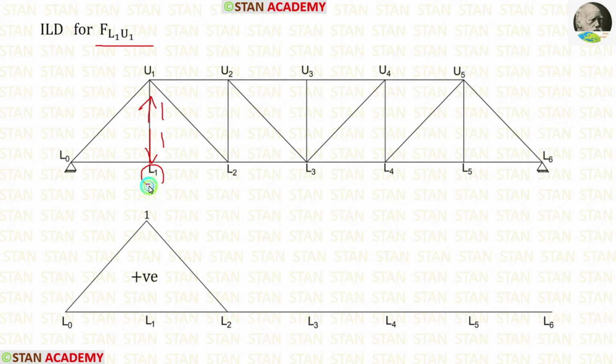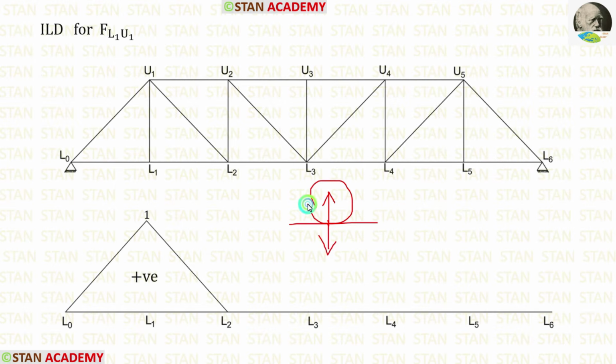In the point L1 it will be 1, and in the point L0 it will be 0, and in the point L2 it will be 0, because after the point L2 there will be no connection. Also FL1 U1 will be tensile. Suppose in the method of joints we are having two vertical forces, one is acting upwards and one is acting downwards.